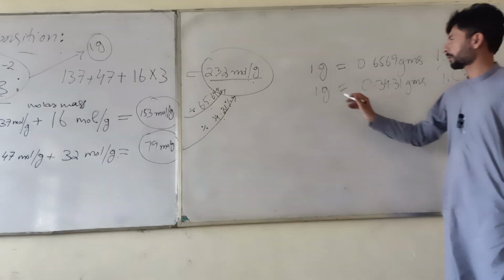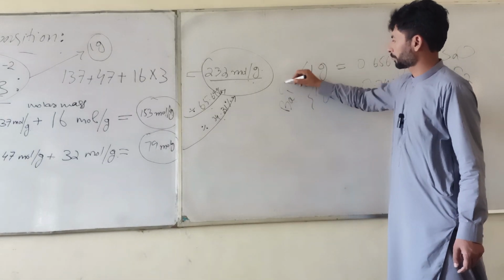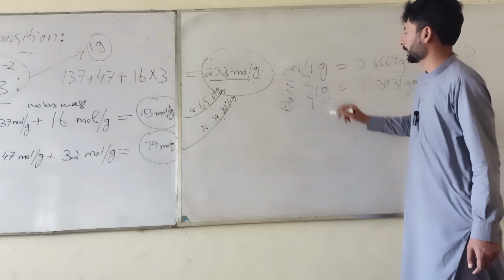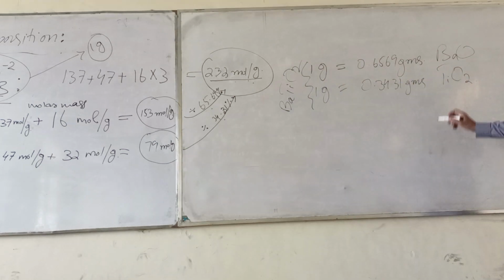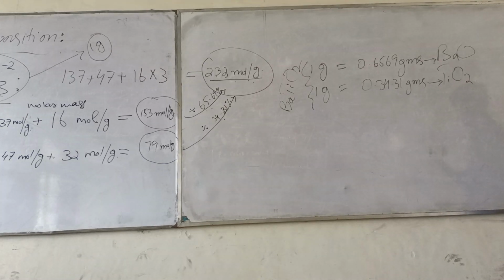So to synthesize 1 gram of barium titanate, one will need this much grams of barium oxide and this much grams of titanium oxide. Do you understand? It is very easy.